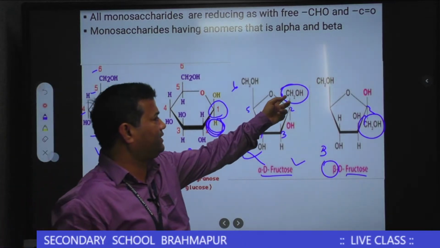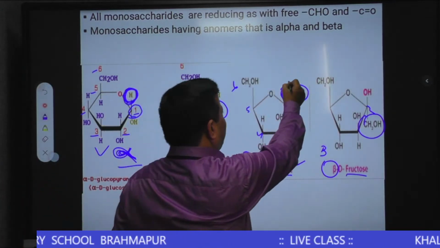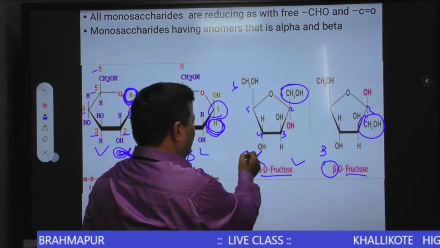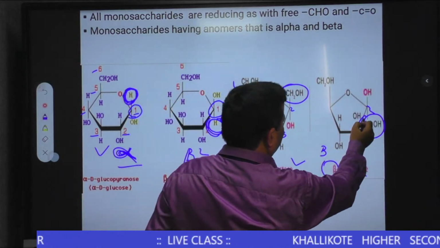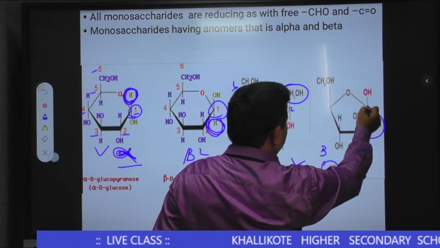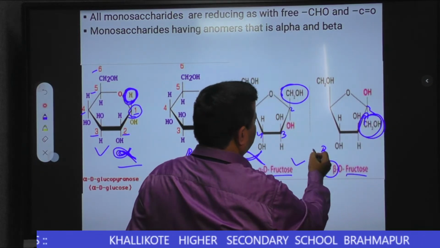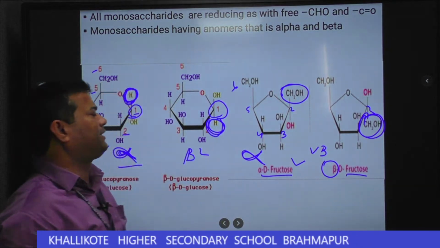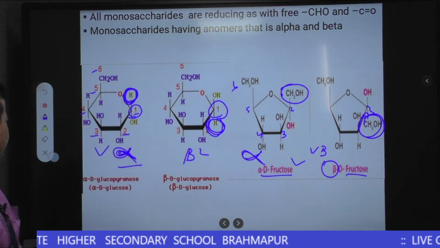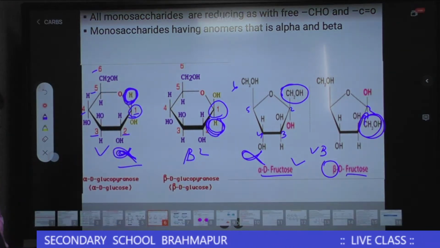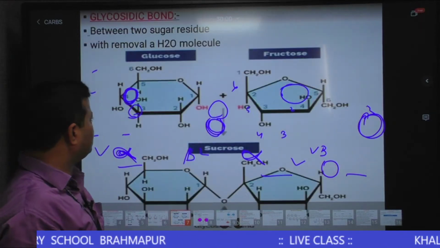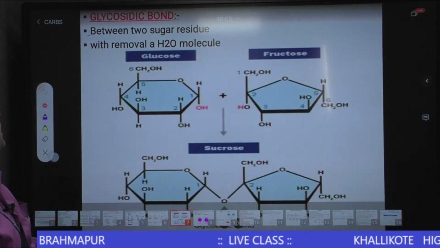Here when CH2OH is located at the above position, that is alpha form. When CH2OH is located at the below position, that is beta form. Alpha and beta forms of fructose. Then comes the glycosidic bond.